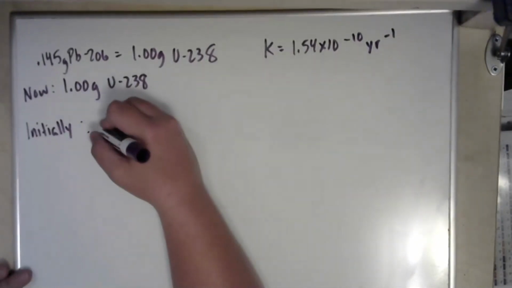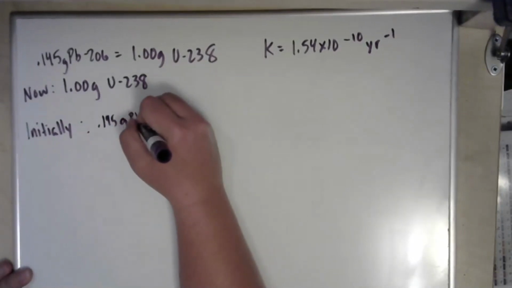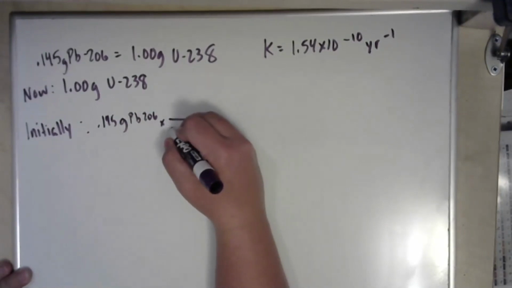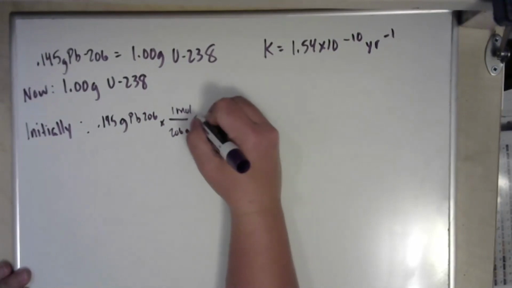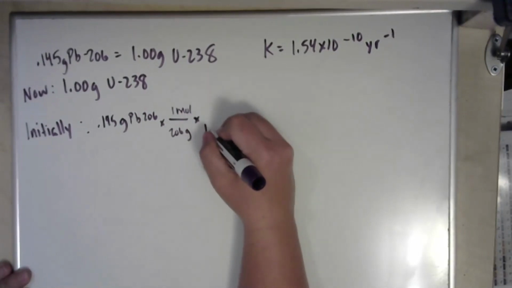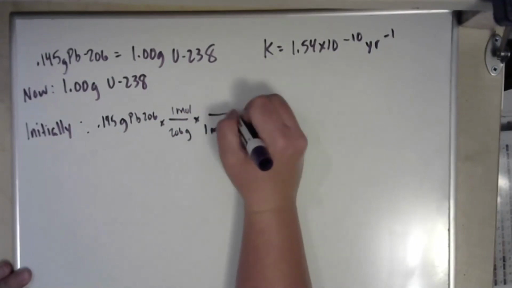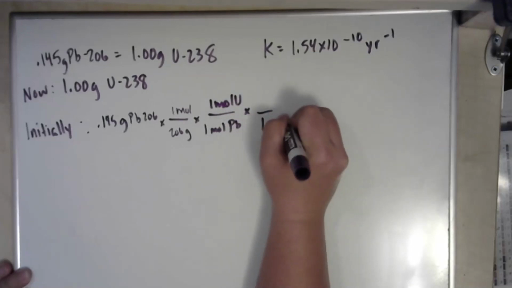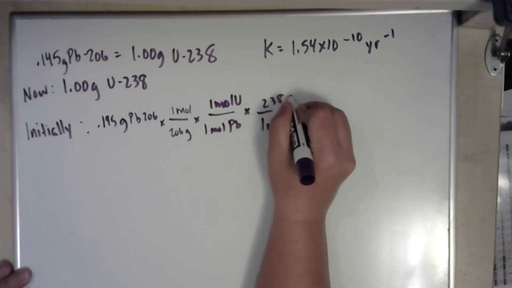In this case, we have 0.145 grams of Pb-206, so we're going to turn that into moles. There's a 1-to-1 ratio between our Pb and our uranium, and every 1 mole of uranium-238 is going to be 238 grams.